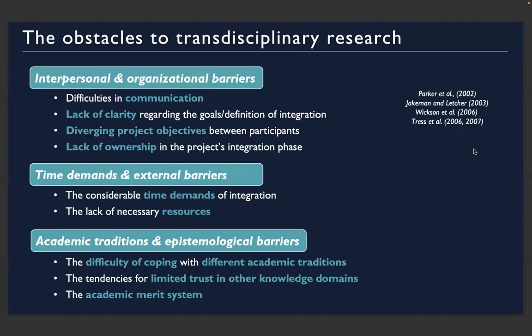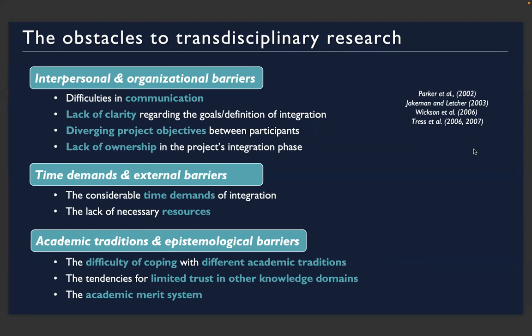So there are interpersonal and organizational barriers: the fact that it is difficult to communicate with different disciplines, and the lack of clarity regarding the goals and definition of integration. It is very important for everybody to agree on what we mean by integration, because there are very different degrees of integration.